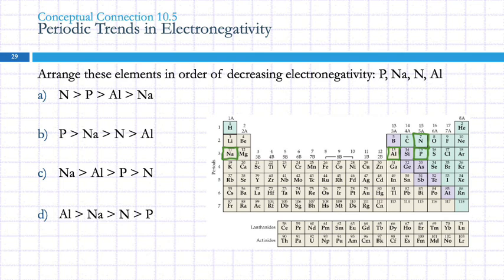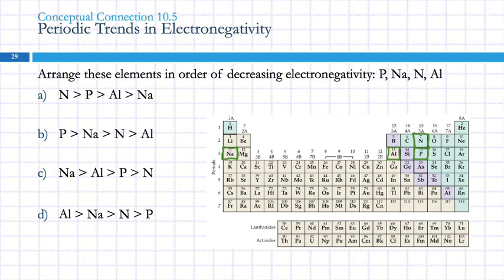In order of decreasing electronegativity, that means the ones with the smallest electronegativity is last, the highest electronegativity is first. Which of these elements is closest to fluorine on the periodic table?